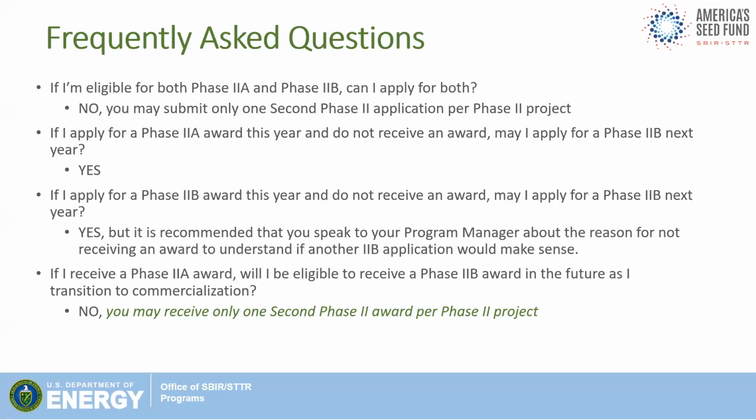Also, to your point, you will receive the reviewers' comments, and you can review those comments to see if there's something you need to improve on. Yes, the comments are a very important part of evaluating your application in the event that you don't receive an award.